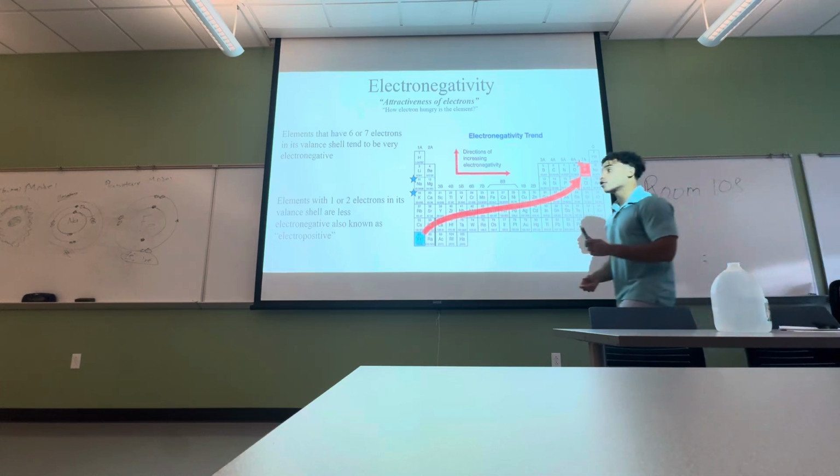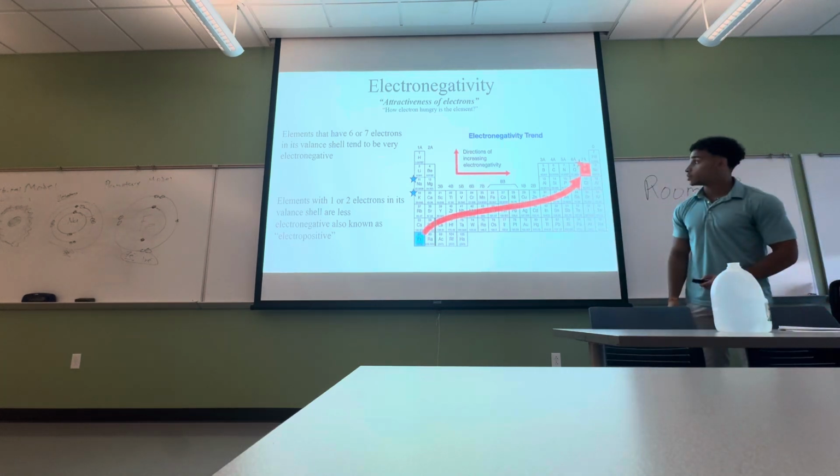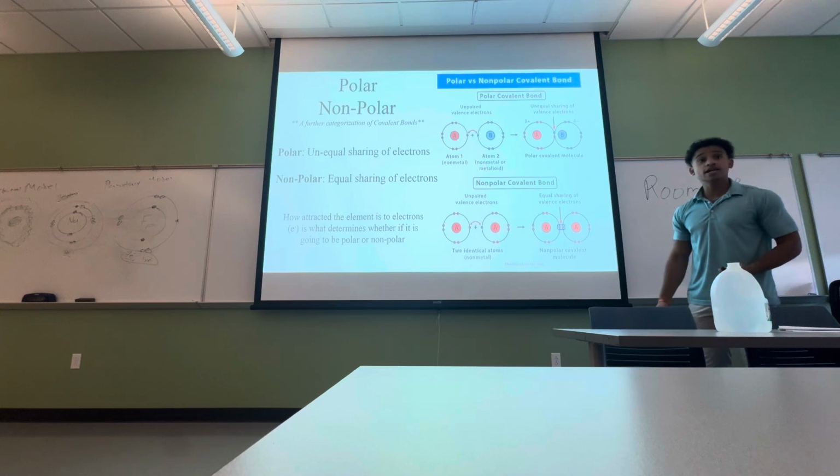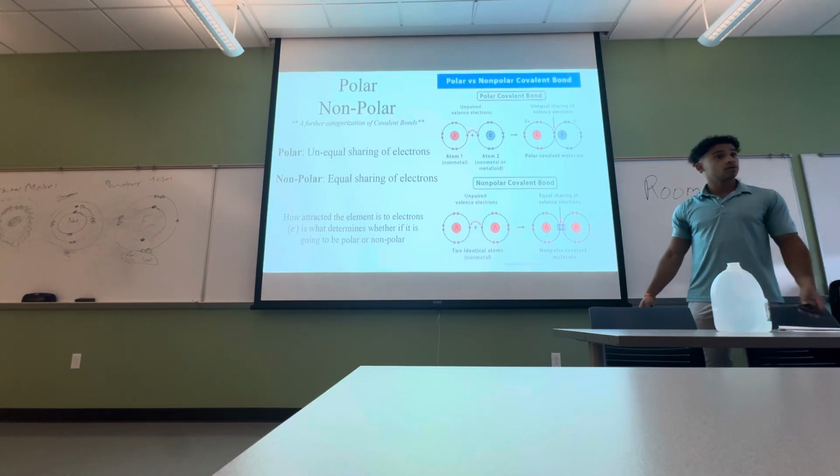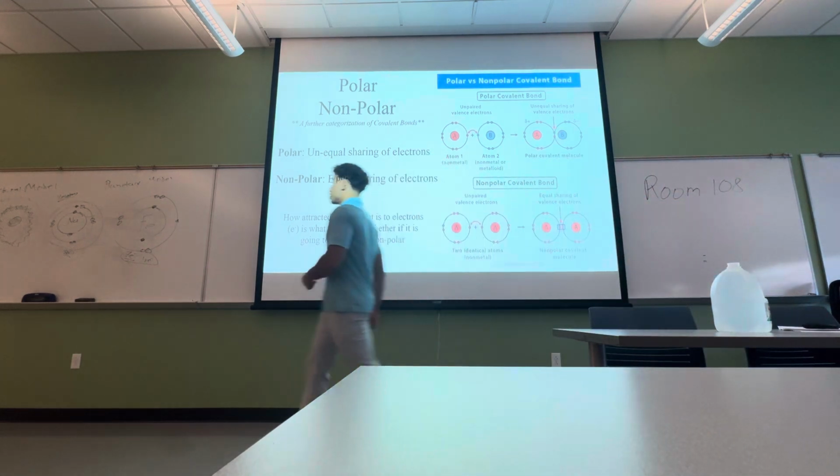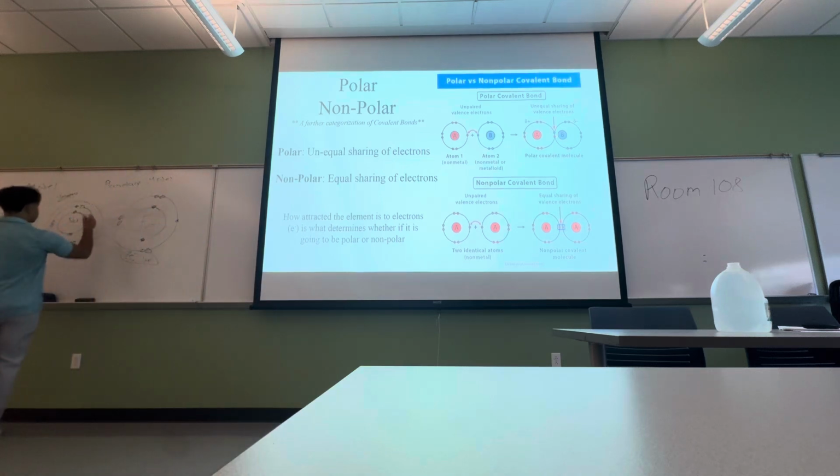So that creates a perfect way to form a bond. The best way is to share them. And so this is where the covalent bond comes into play. So now I have 1 here, and I need 1 here. Let's form a bond. Now we're sharing 2 electrons.